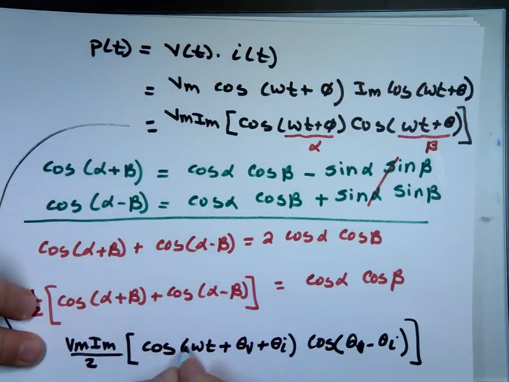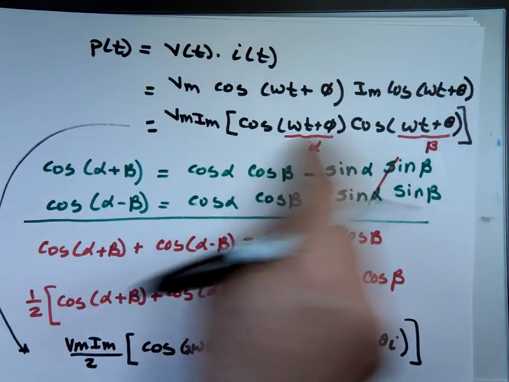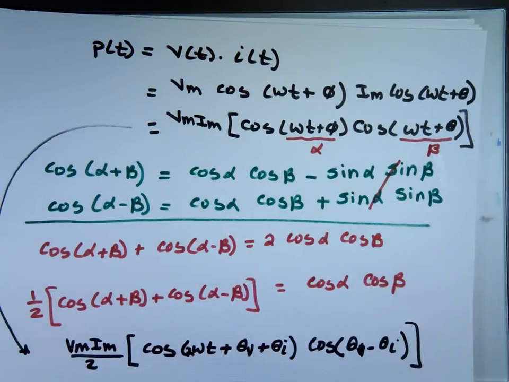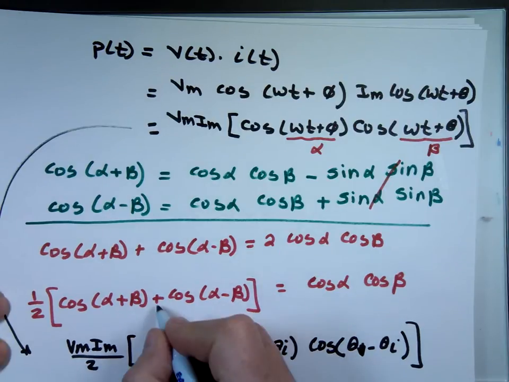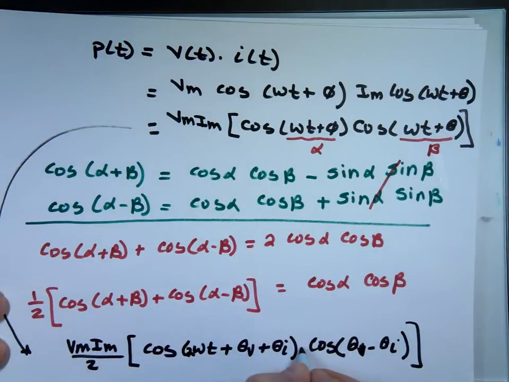I'm sorry, 2. You're adding them. Wt and Wt is 2 of them. That's a plus here, right? I'm using this plus that.